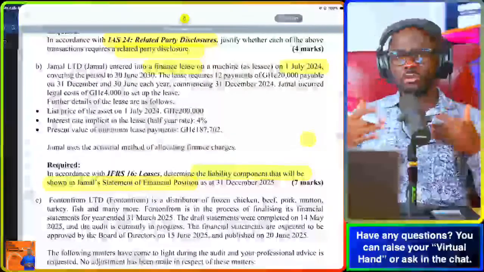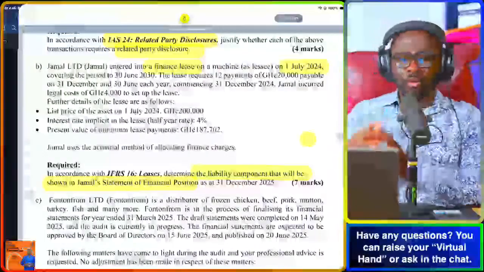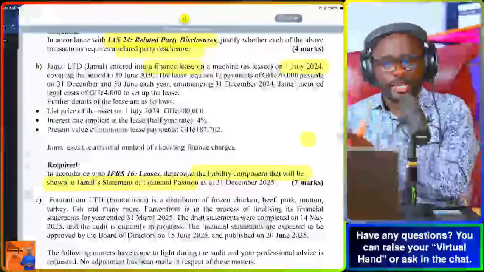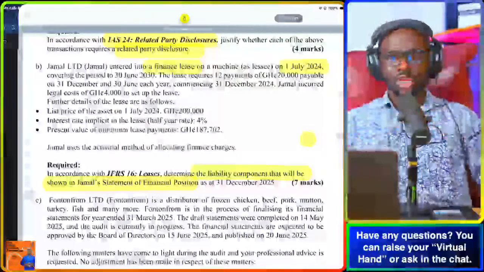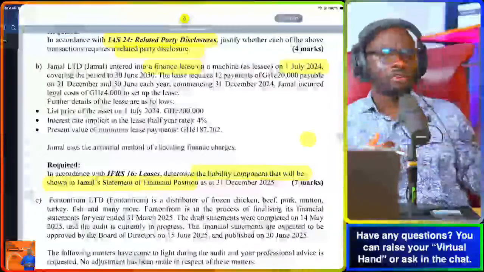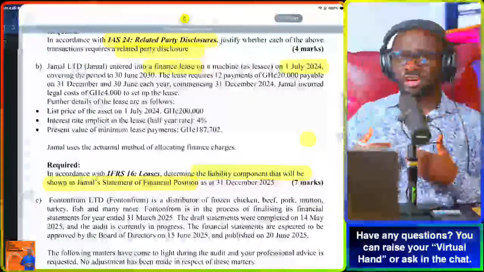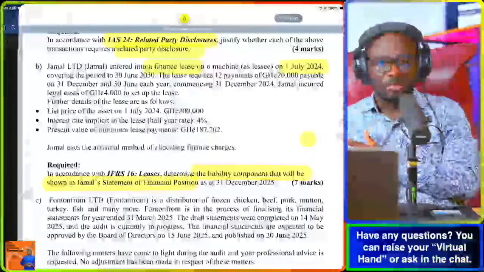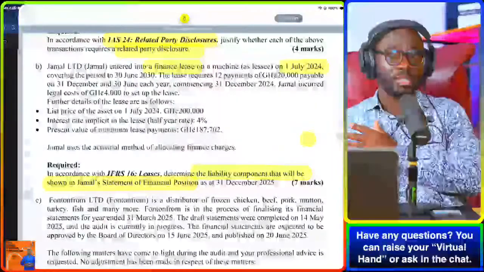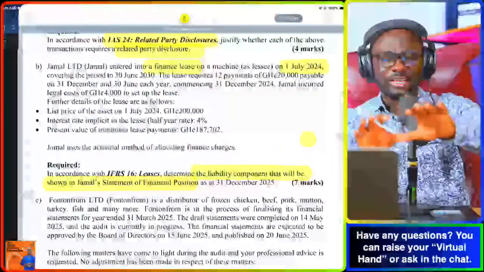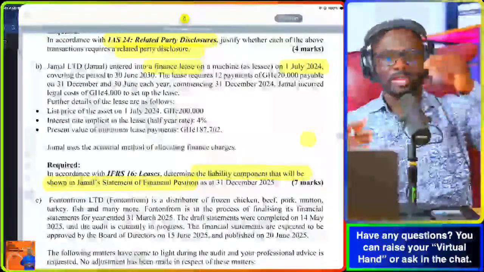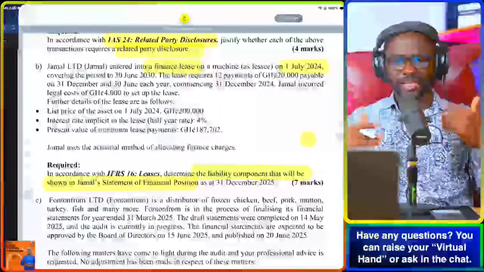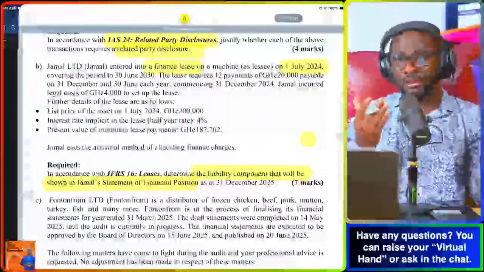That's it. Or we apply the low value method where although the lessee has leased the asset, they will account for the asset as a normal rental. So no recognition of right of use, no recognition of lease liability or lease obligation in the books of the financial statement. So it's quite interesting because sometimes some of these questions are old questions adapted, and when they are adapted, sometimes it becomes confusing.